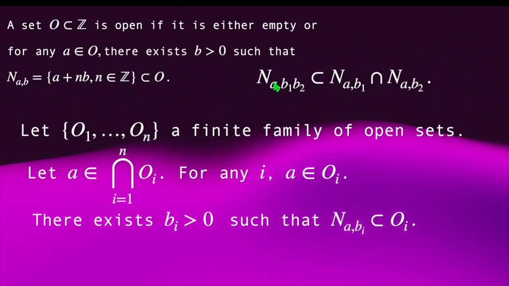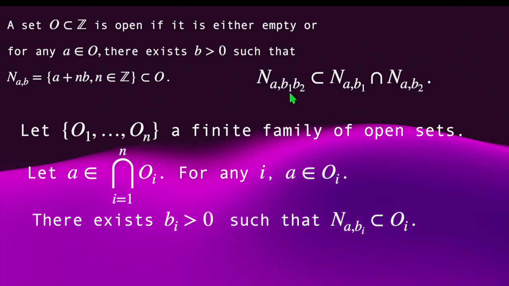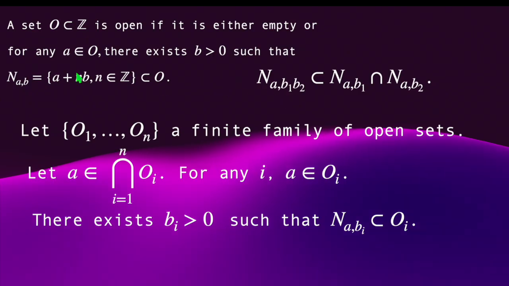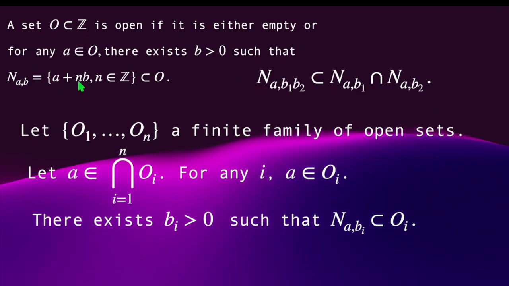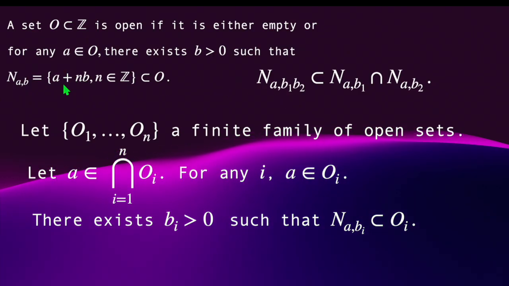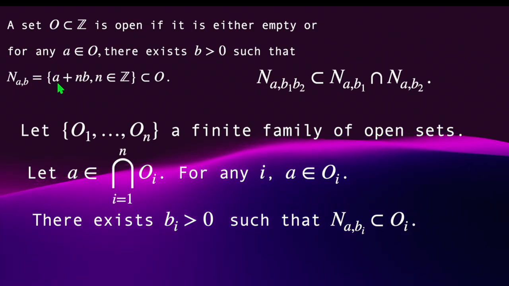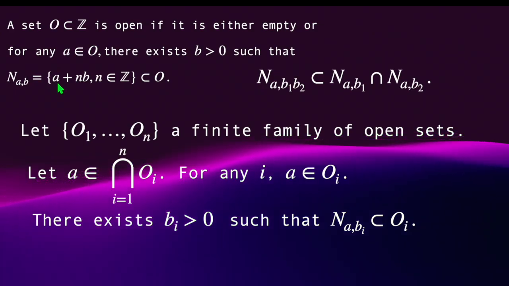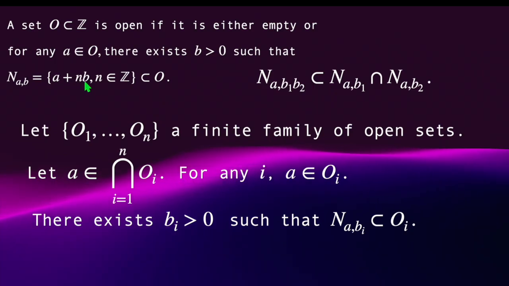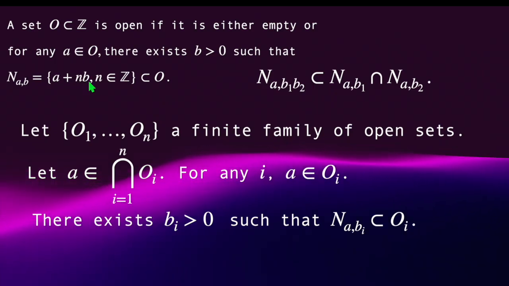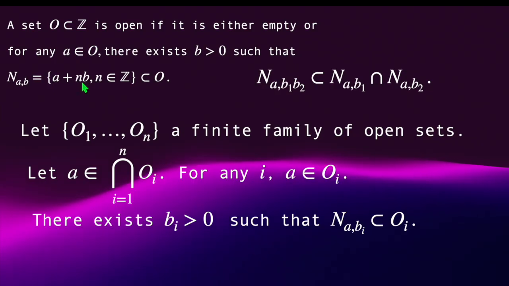It's easy, since if you take one element here, it has the form A plus nB1B2, but it can also be written as A plus something times B2, or something times B1.